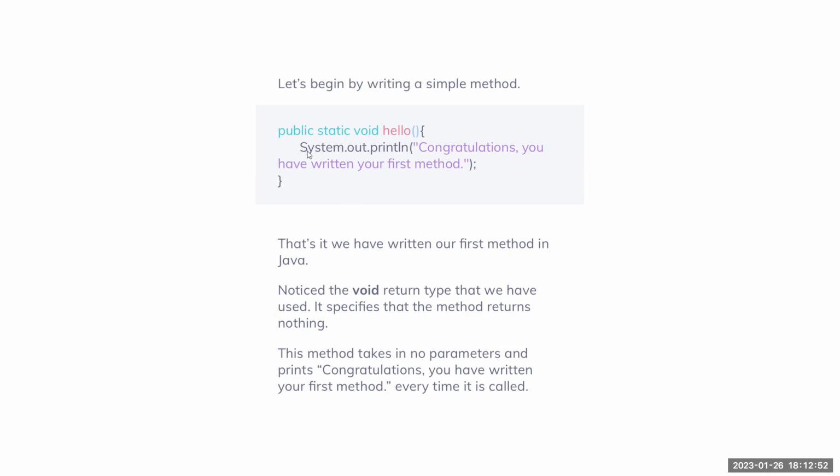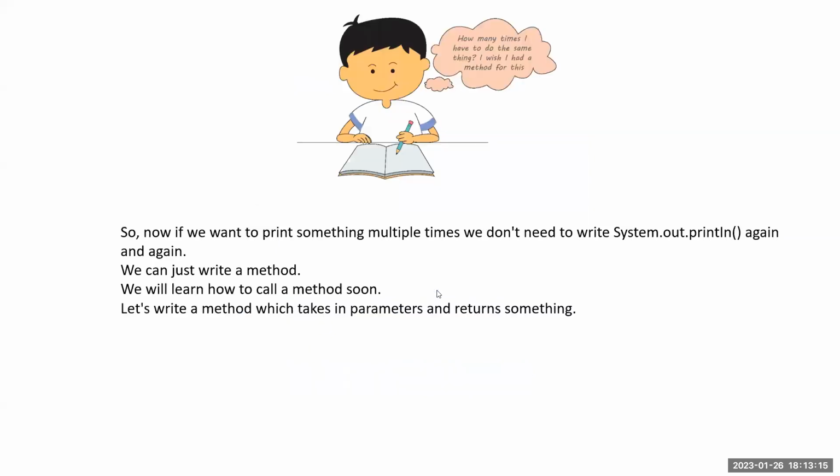It is typically printing only one line, saying you have written your first method. So this is one example of how to write a method with a void return type, which specifies that the method returns nothing. Let me go to the next one.